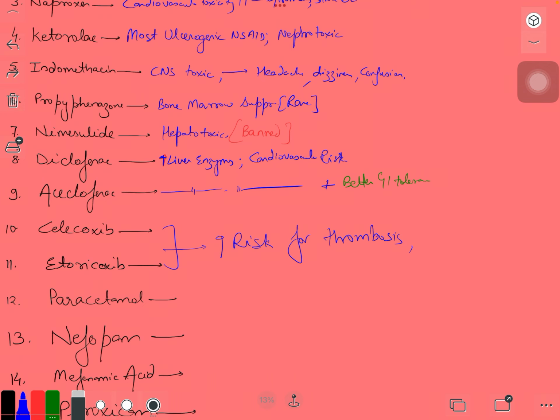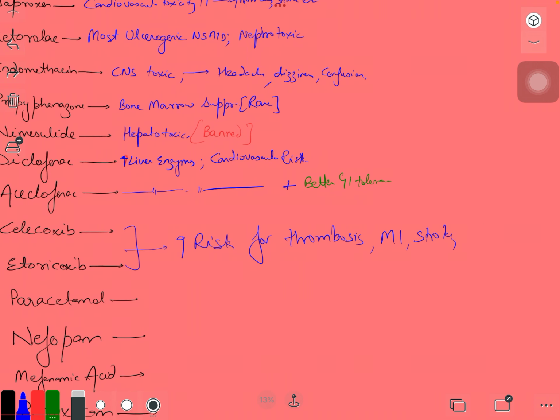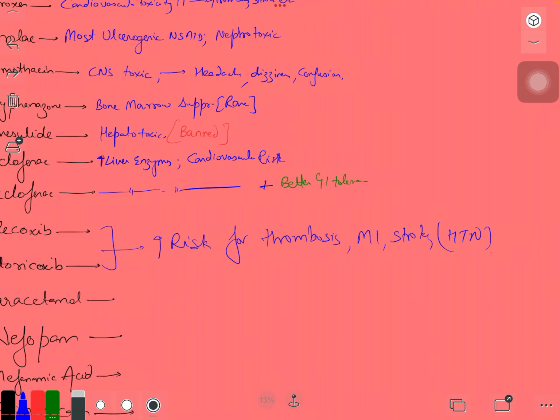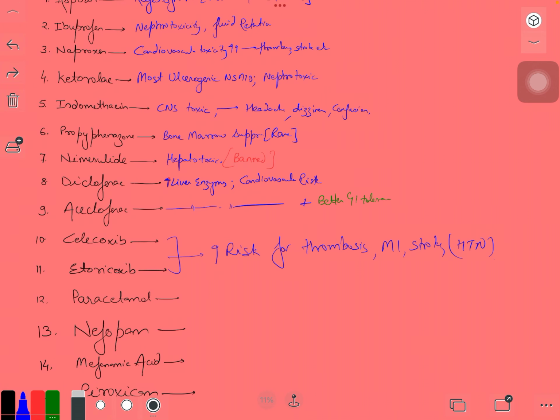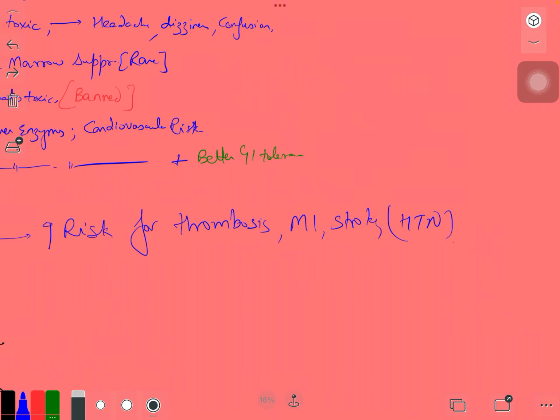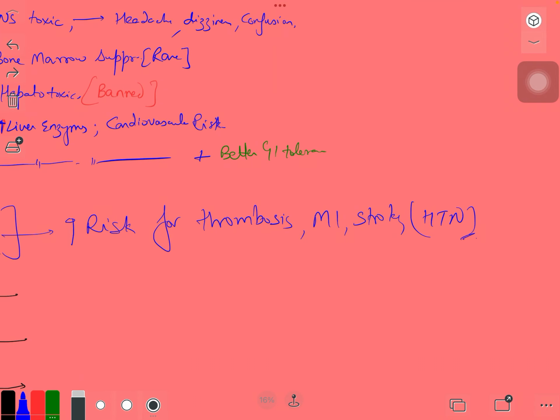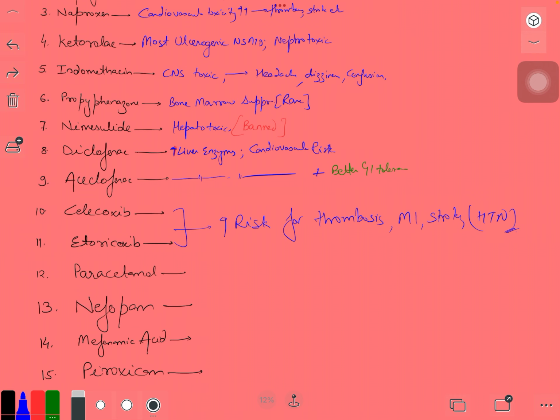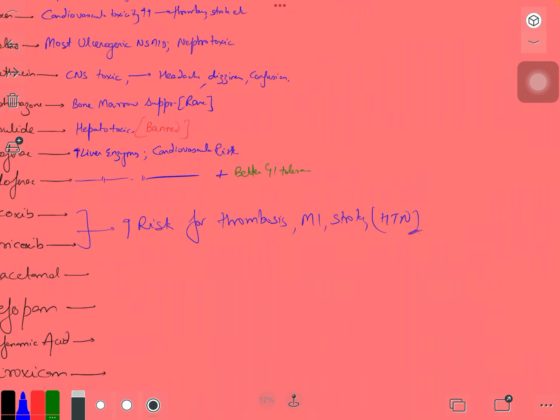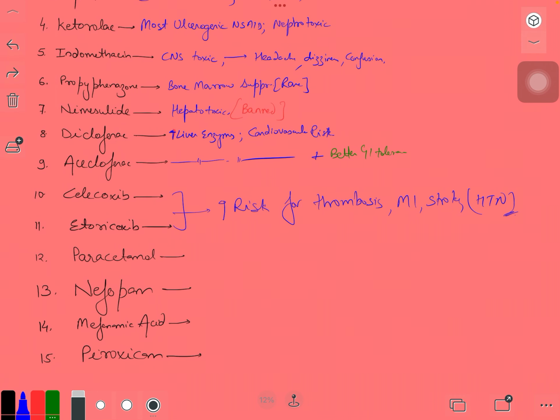So again, MI, stroke, etc. Also, hypertension can be seen even at low doses. So patients having such drugs may have palpitations, a heavy pounding of the heart, and because of this, the patient might not even feel well.